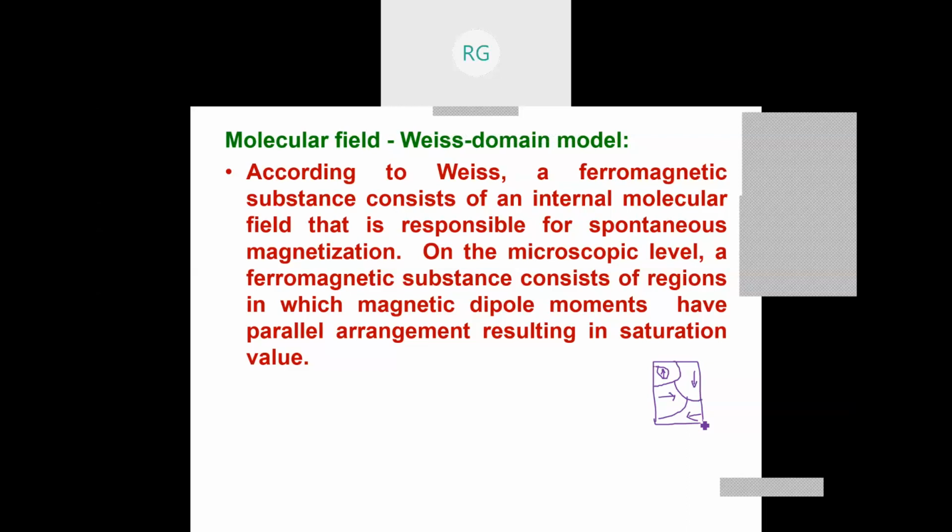contains regions in which the magnetic dipole moments are arranged parallelly. And this parallel arrangement of magnetic dipoles, which is limited to a small region, is called a magnetic domain. A ferromagnetic substance will have a large number of domains, and all these domains are not arranged in the same direction, so the net magnetization is zero.